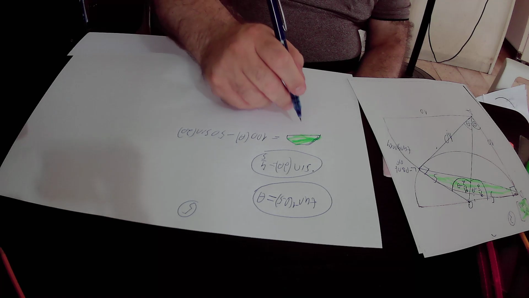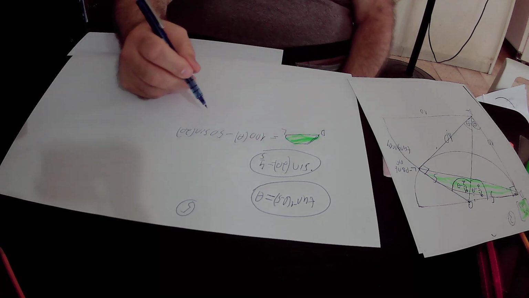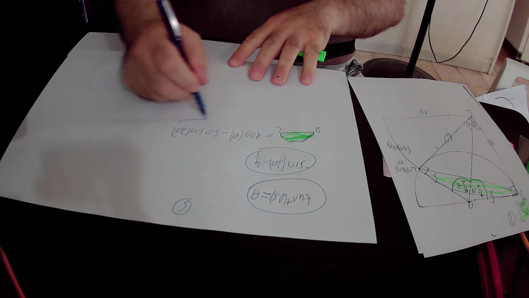I'll repeat again. The area of the upper circular segment DL of the big lens equals 100 times theta minus 50 times sine 2 theta.